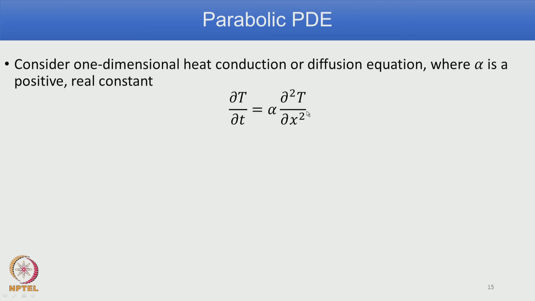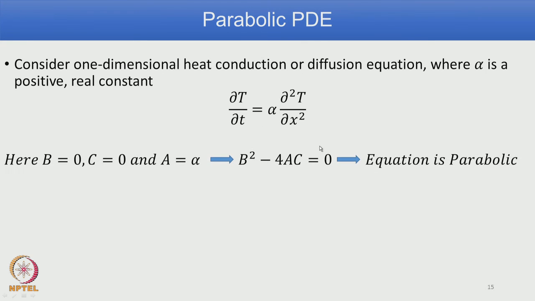It is a one dimensional equation, where capital T represents temperature and small t is for time. Following the discriminant procedure, B is equal to 0, C is equal to 0 and A is equal to alpha for this equation fitting with the generic equation. So, B squared minus 4AC equals 0. We know that for this value the equation is parabolic in nature.